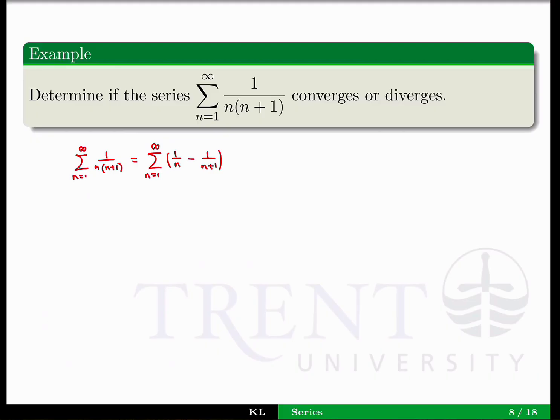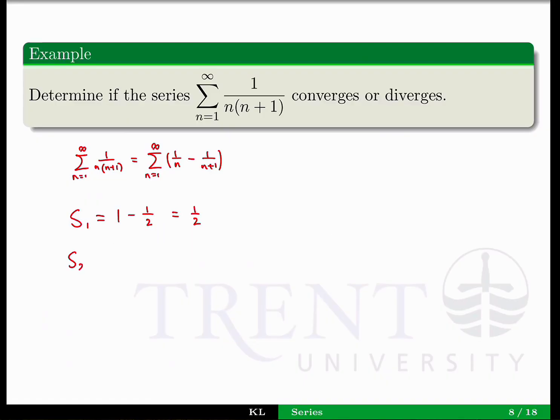Now, let us consider the sequence of partial sums. S1 will just be the first term. When n equals 1, you will have 1 minus 1 over 2. In here, you might be tempted to write this as 1 half, but I suggest we keep this form here.